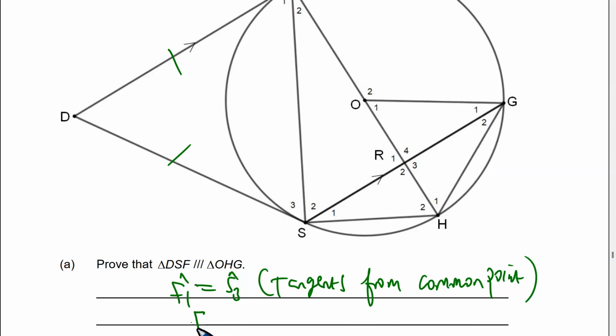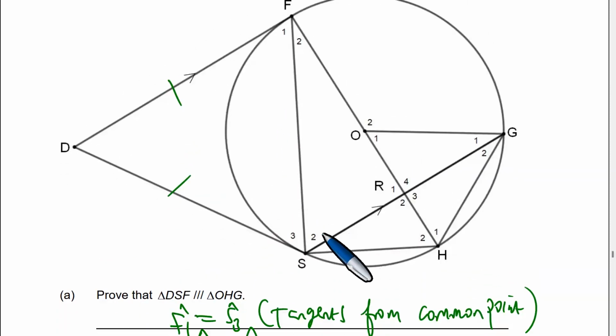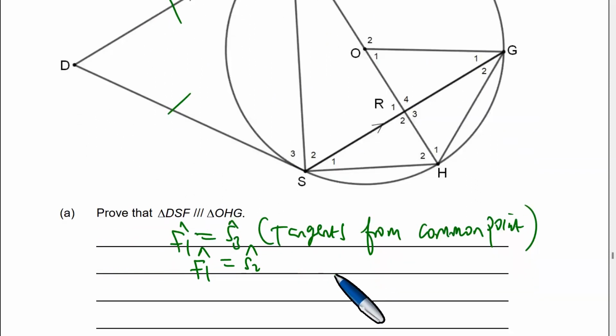So angle F1 is equal to angle S2. These are alternate angles, because DF is parallel to SG.